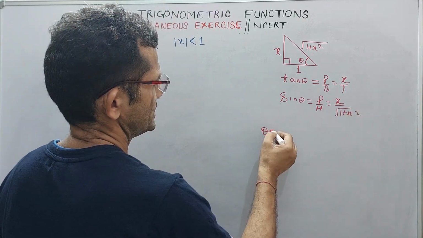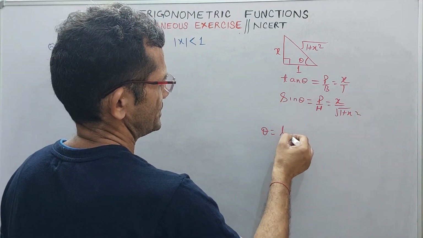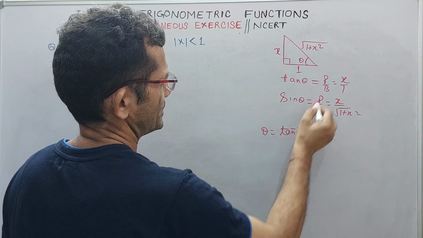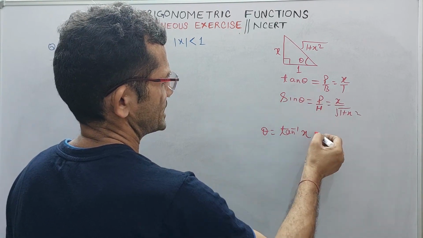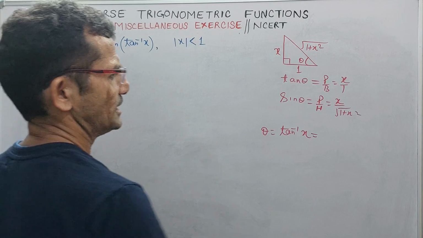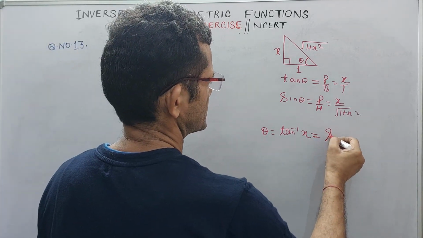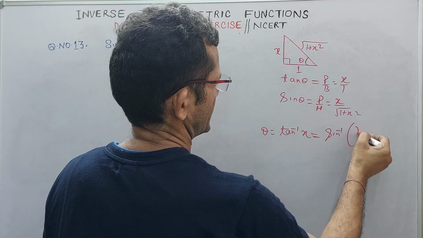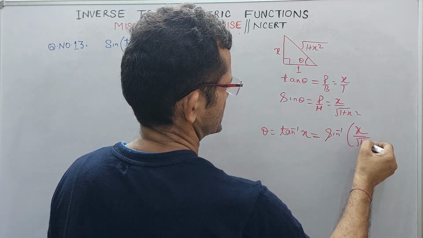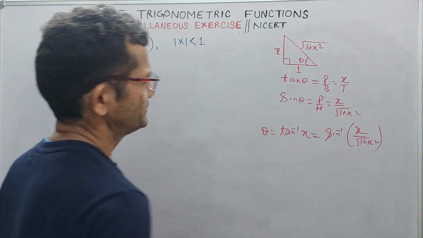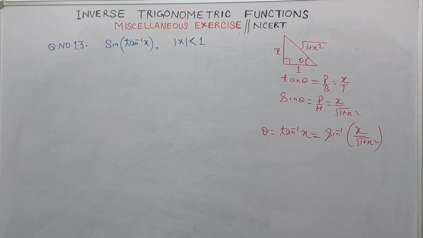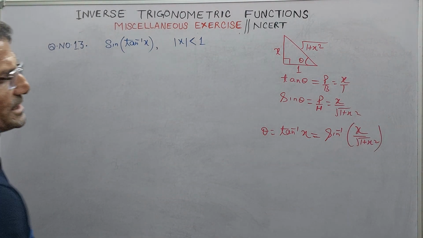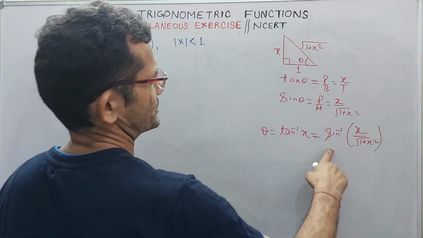In both cases, theta is equal to tan inverse x from the tan theta expression, and from sin theta, theta will be sin inverse x divided by root 1 plus x square. So in this way we have changed tan inverse x.